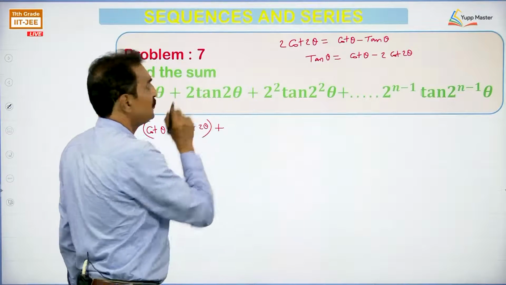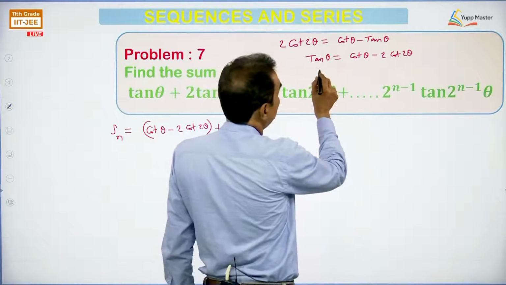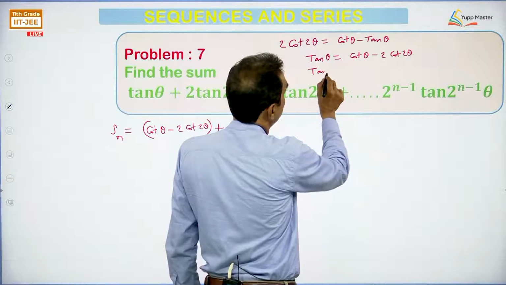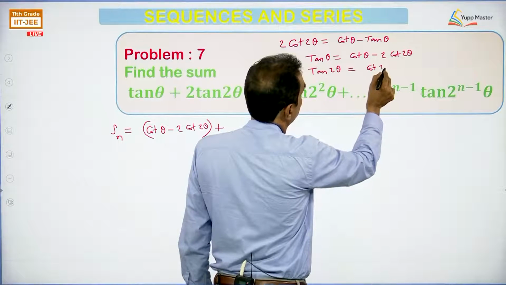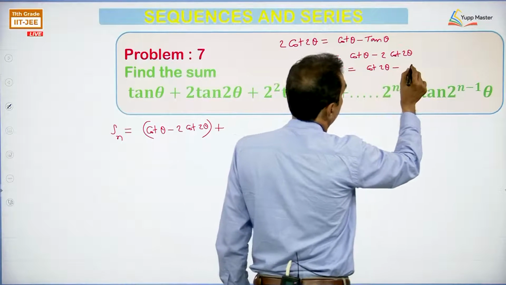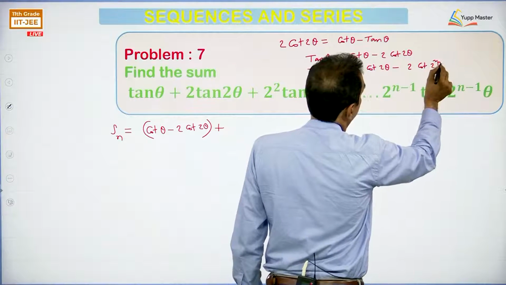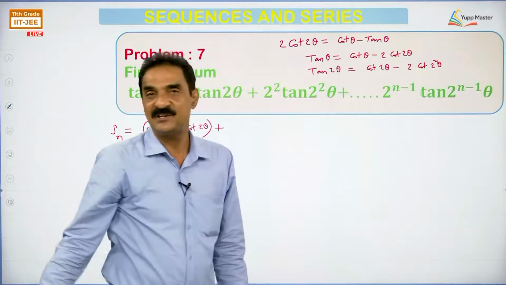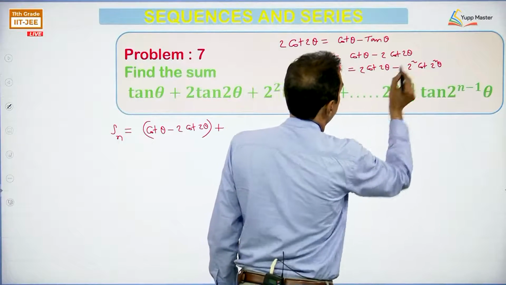plus, how to get the second term? Replace theta by 2 theta, you will get it like this. Then multiply both sides by 2. Then you will get 2 here, 2 here, 2 square here.